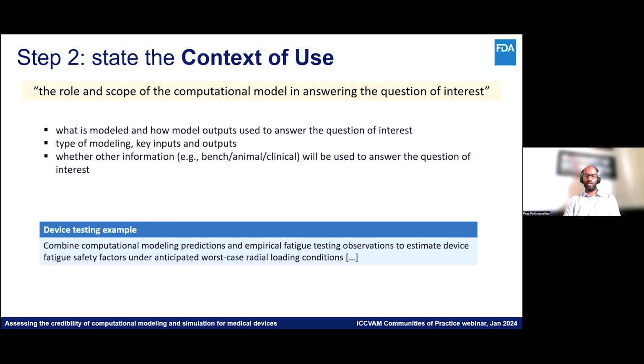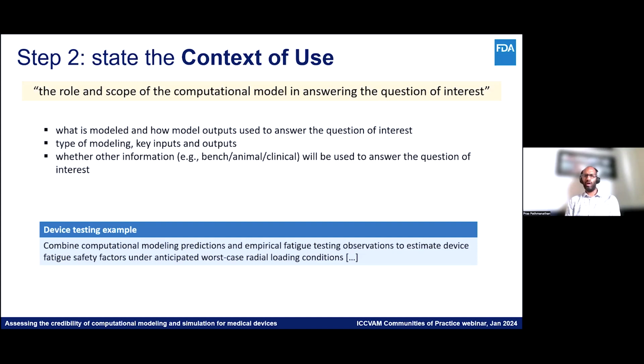Second step is to state the context of use. This is defined as the role and scope of the computational modeling in answering the question of interest. So it's a statement on what is modeled, what the key inputs and outputs are, and how the key outputs are going to be used to address the question of interest. Also, critically, it's what other information, bench test data, animal data, clinical data, will be used to answer the question of interest.